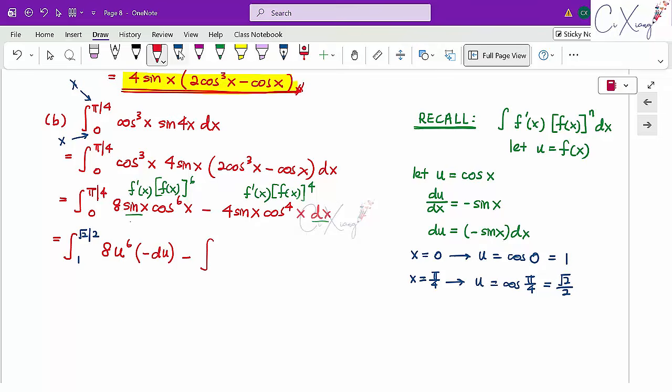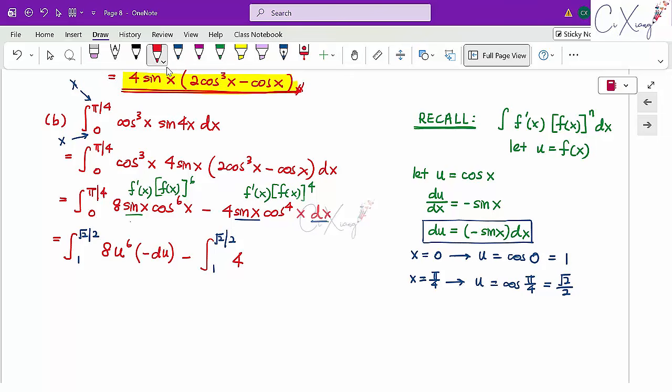Then you change the limit again, from 1 until root 2 over 2. Four is a constant, so you just copy. Again, I have sine x dx, which equals negative du here.